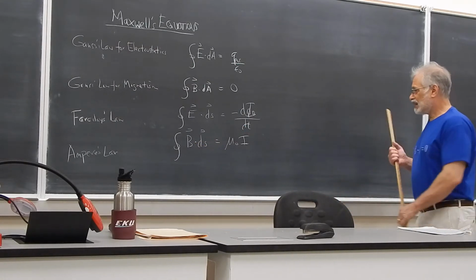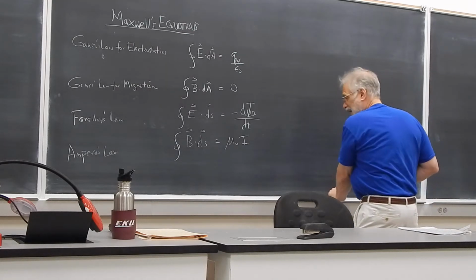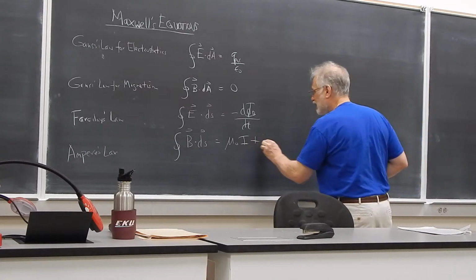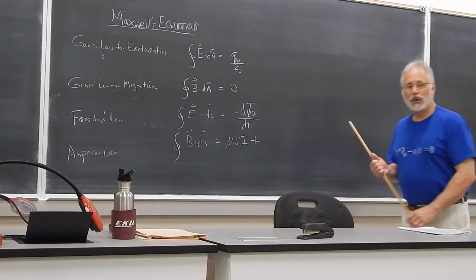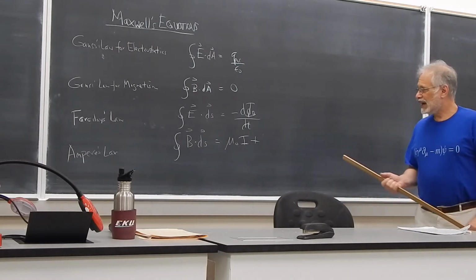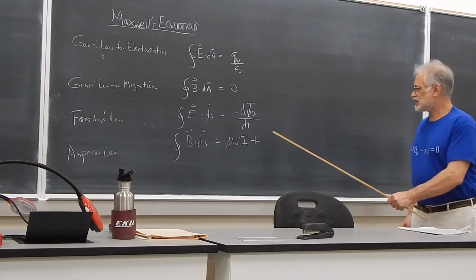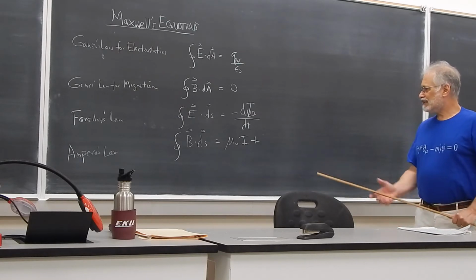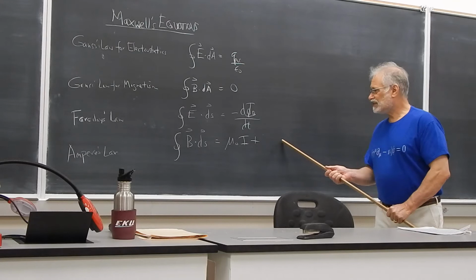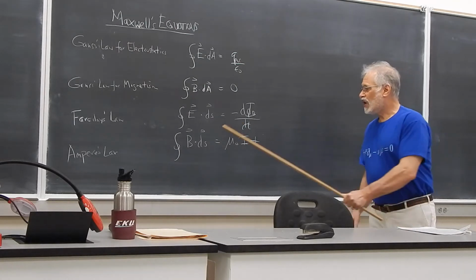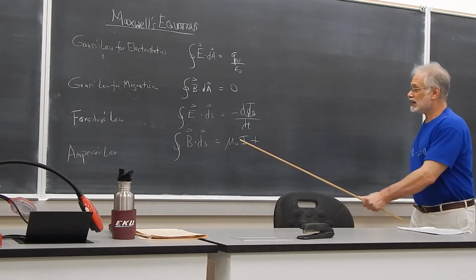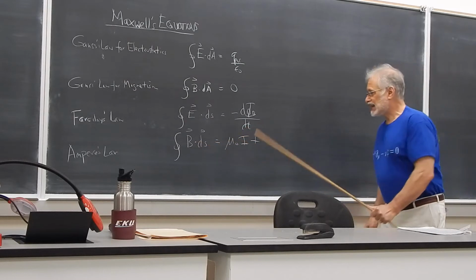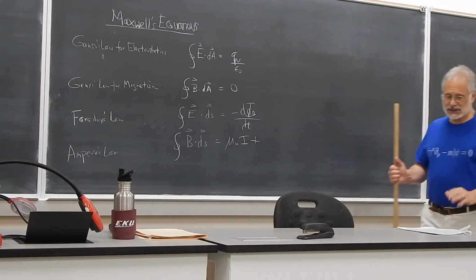So there should be another term in Maxwell and Ampere's law, and we're going to talk about where that term comes from and how we can make the case that this term will represent changing electric fields, or electric fluxes, causing magnetic fields as well as currents. So let's talk about that.